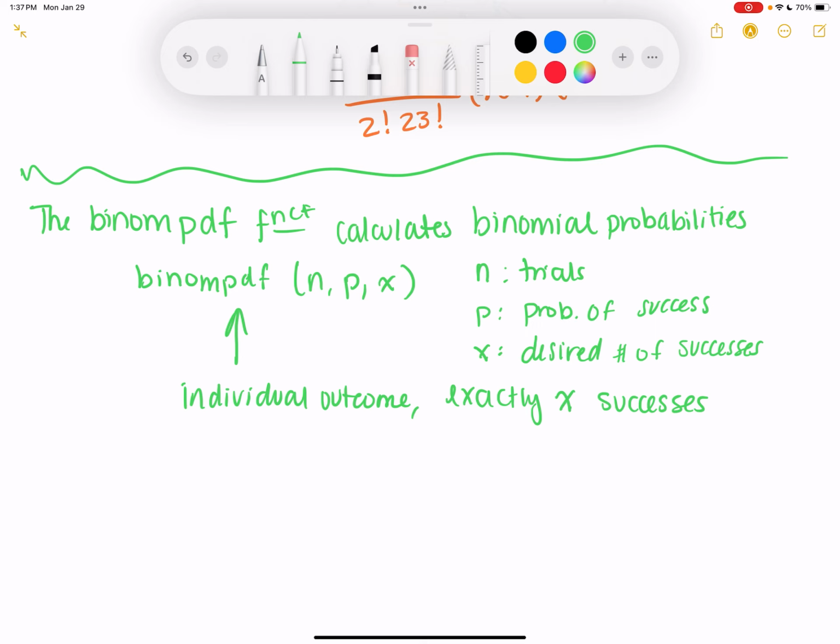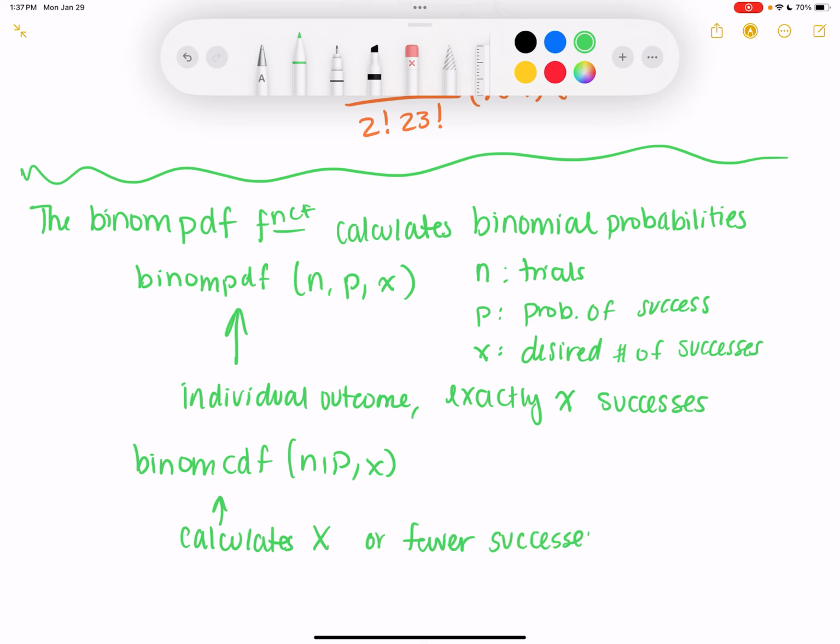Now that's binom PDF, but we also have binom CDF of NPX. And this calculates X or fewer successes in N trials.